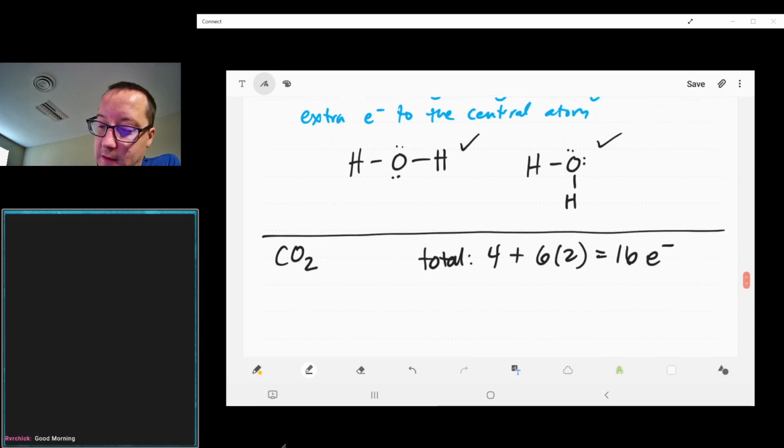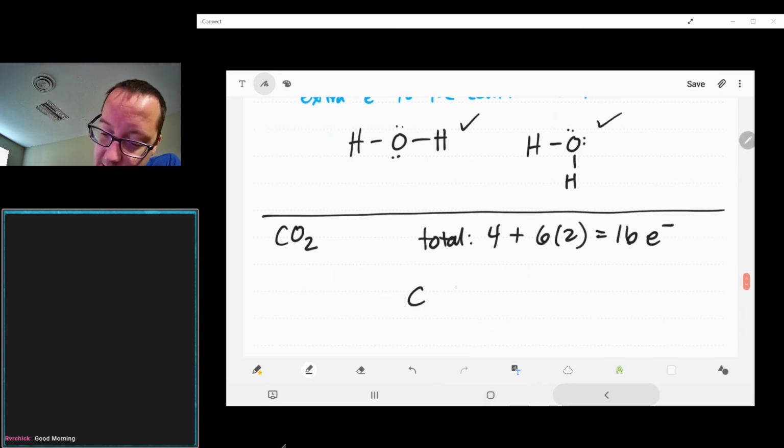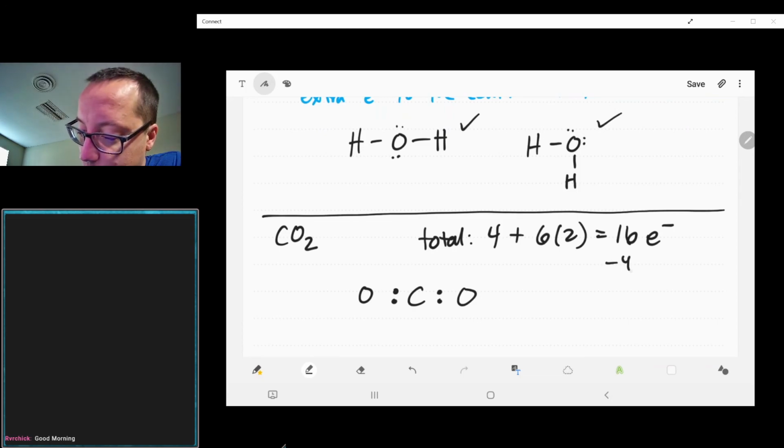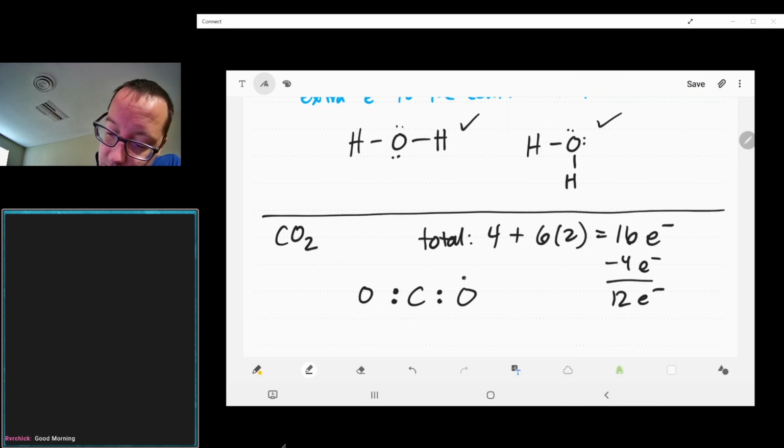Alrighty, so let's go ahead and put our skeleton together. We'll have used 4 electrons. We'll have 12 left. Let's go ahead and give these electrons out. So we'll start giving them to the outer atoms.